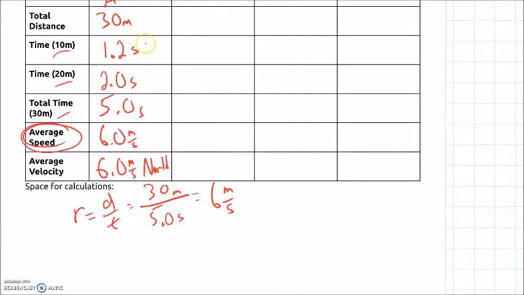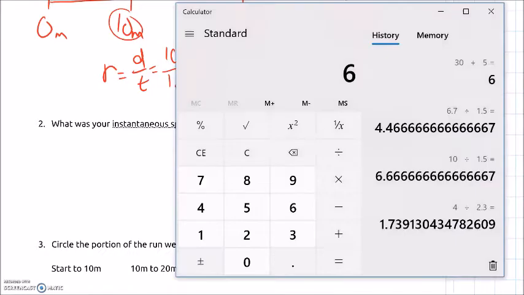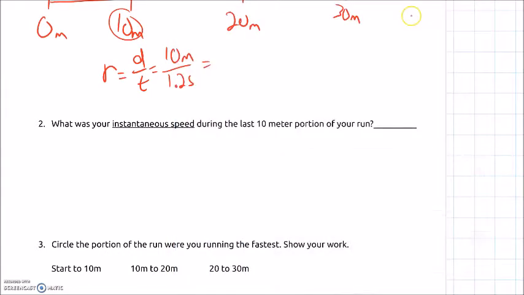Our time for 10 meters was 1.2 seconds. Let's go ahead and fill that in. 10 meters divided by 1.2 seconds. 10 divided by 1.2, let's pull up our calculator. 10 divided by 1.2 is equal to 8.3 meters per second.